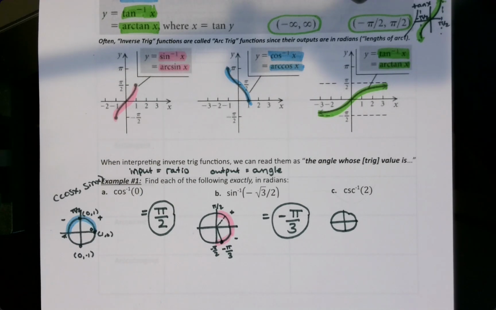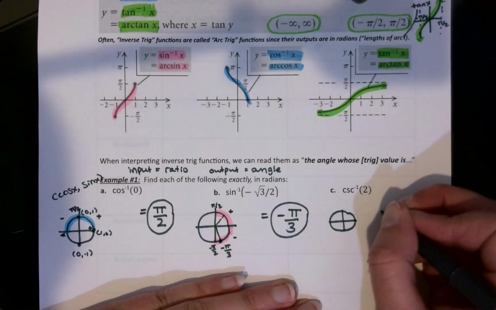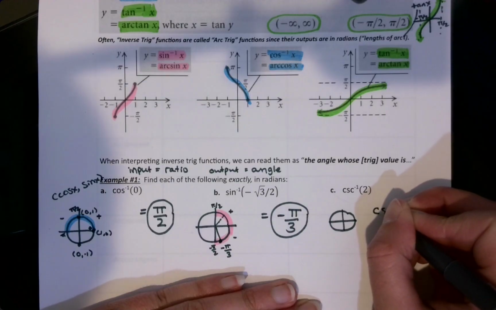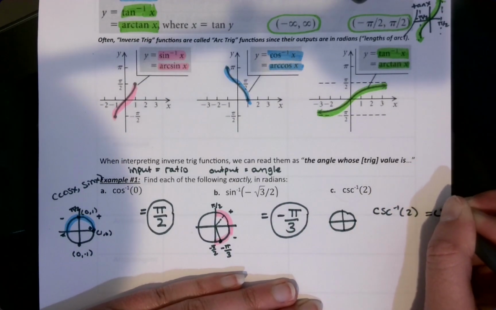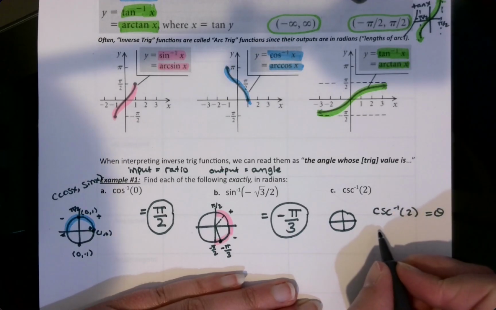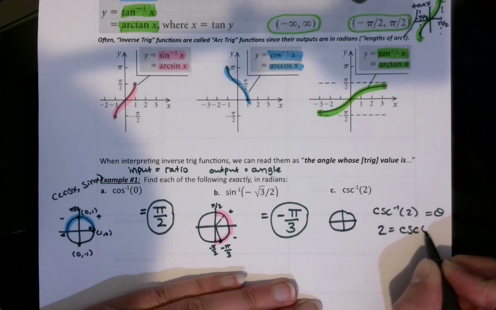So let's make a few notes right here. We know that if cosecant inverse of 2, whatever it is, is equal to some angle, then 2 would be equal to the cosecant of that angle.